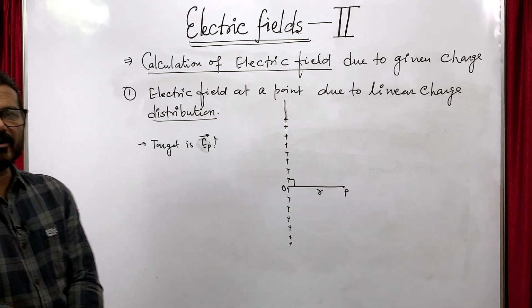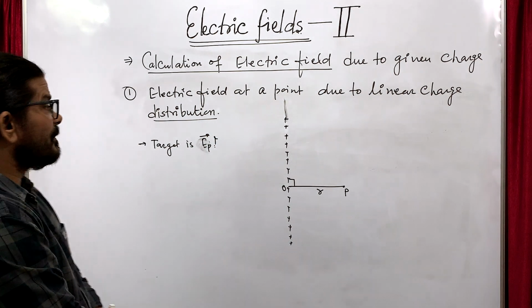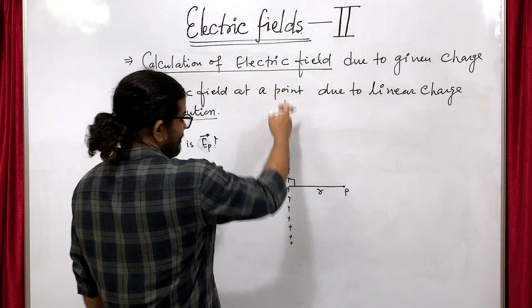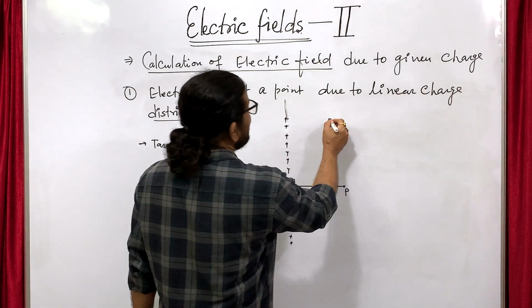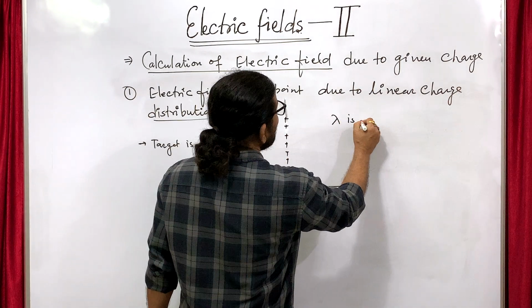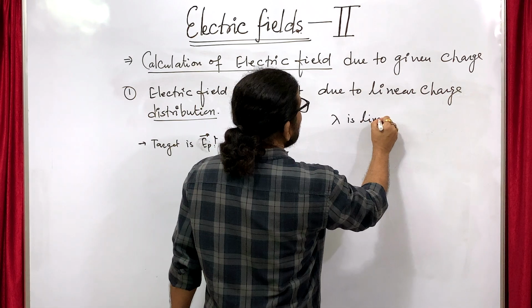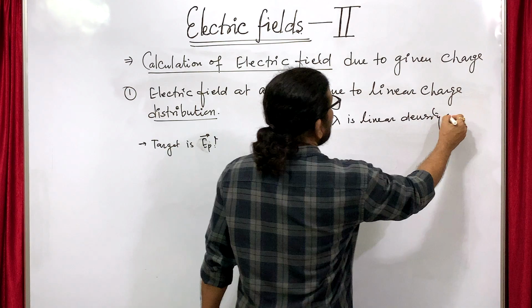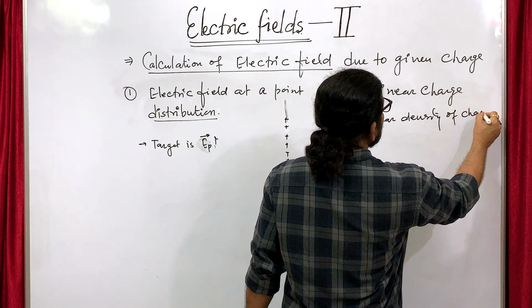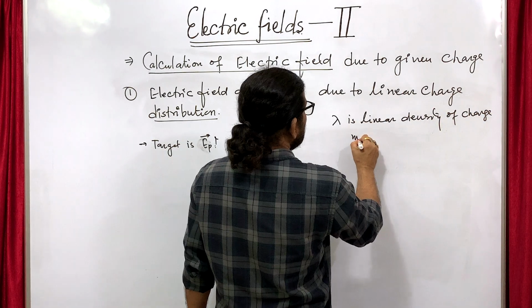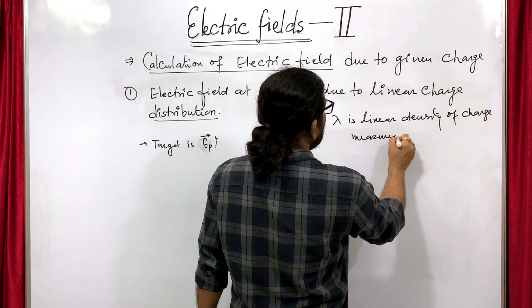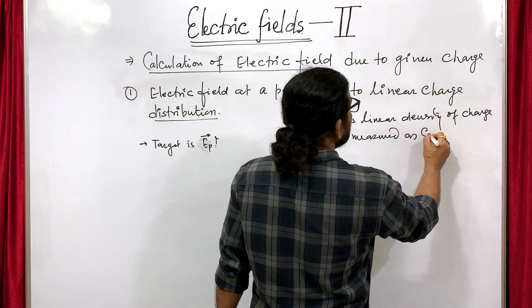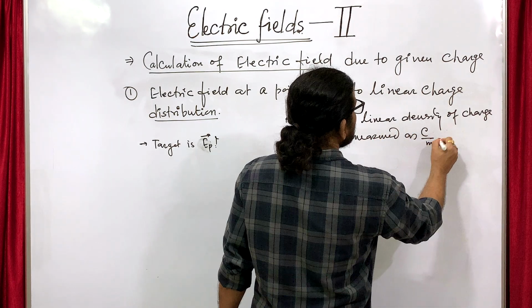We want to calculate the electric field at point P due to the linear charge distribution. Here lambda is the linear density of charge, measured in Coulomb per meter.